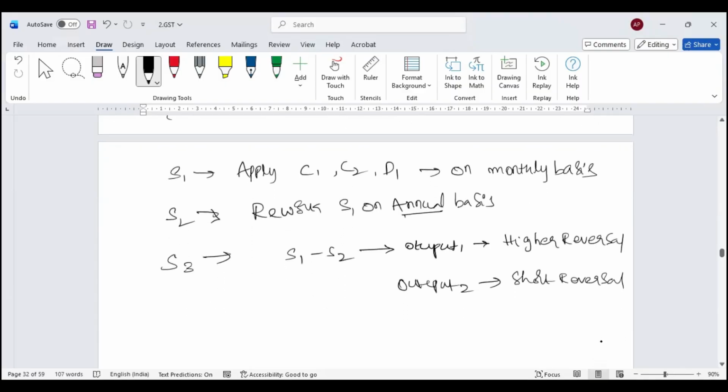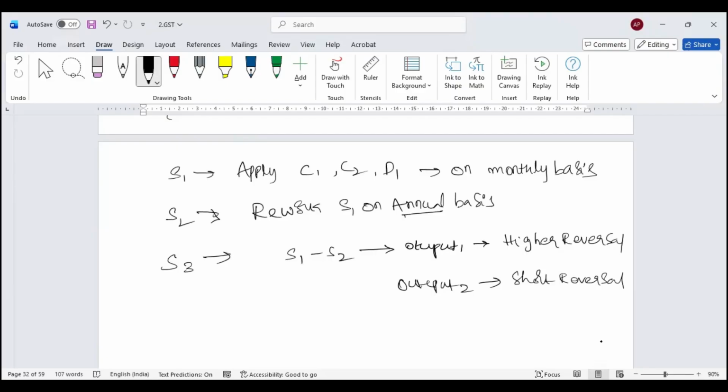Output 3, no short, no excess. Possibility is there. Ideally, theoretically, it will happen, but practically, it may not happen. How it may happen? There is only one customer. Every month, I bill 10 lakhs to this export, 5 lakhs to this domestic. Other than that, there is no difference. So every month, like the rental income, if I bill, there is no erratic turnover, then that output 3, no impact will come.